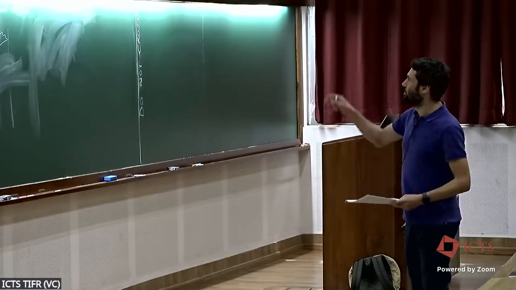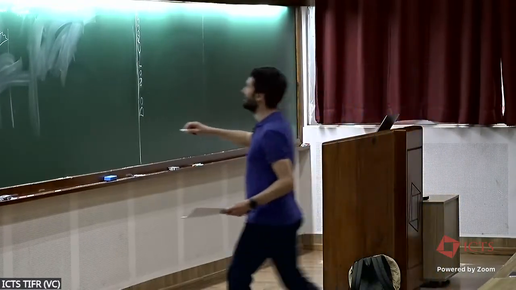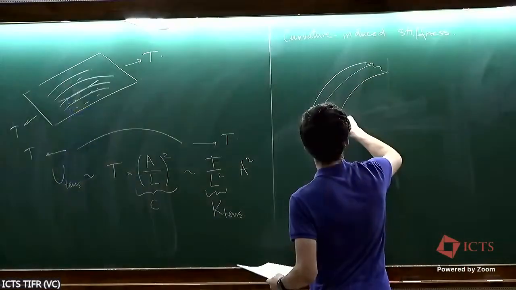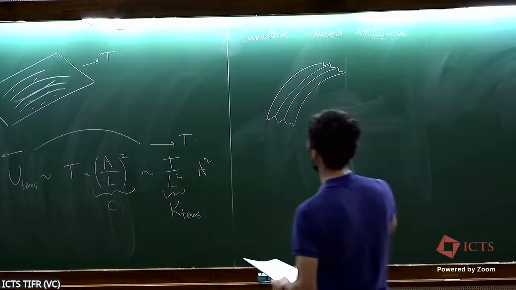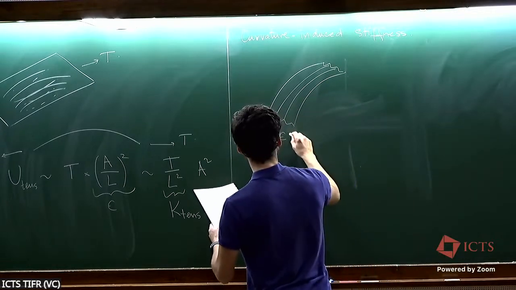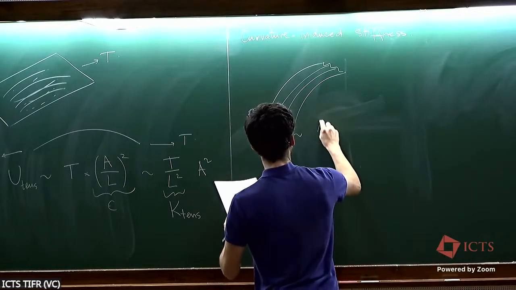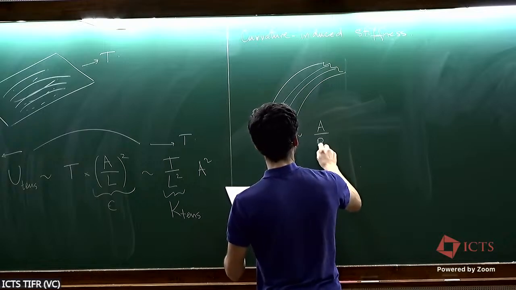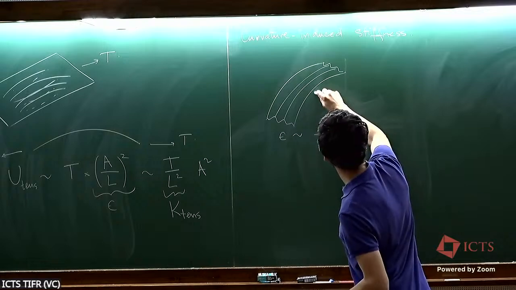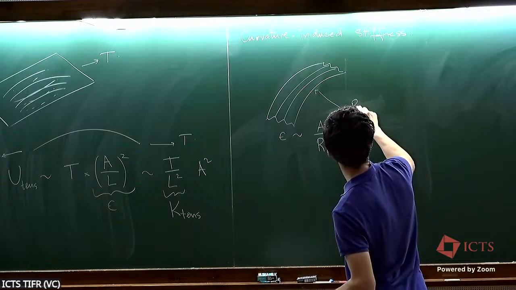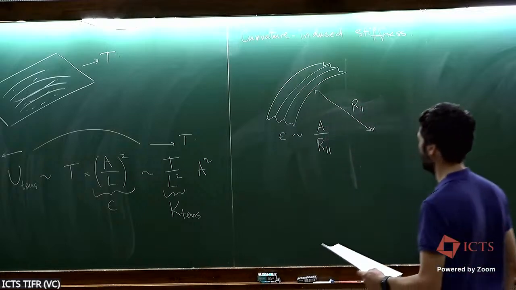Okay, so in this case, you have this kind of wrinkles, and because of the curvature, you create a strain. So here the strain is A over R parallel, where R parallel is the radius of curvature of the sheet in this direction.